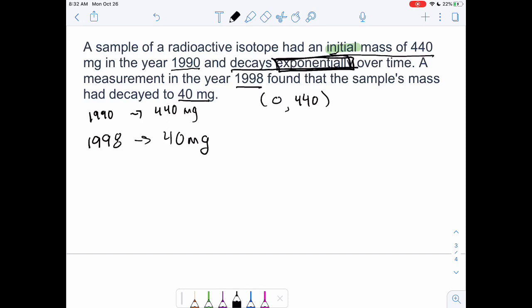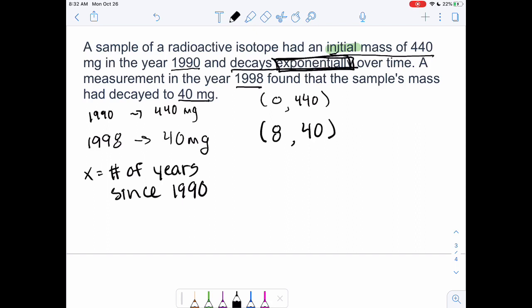And we'll say that x is the number of years since 1990. So we'll represent 1998 as (8, 40), because 1998 is 8 years since 1990.